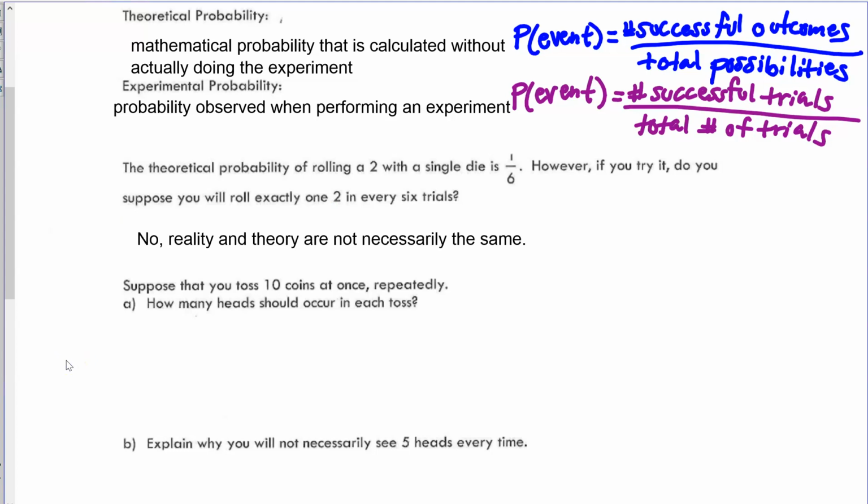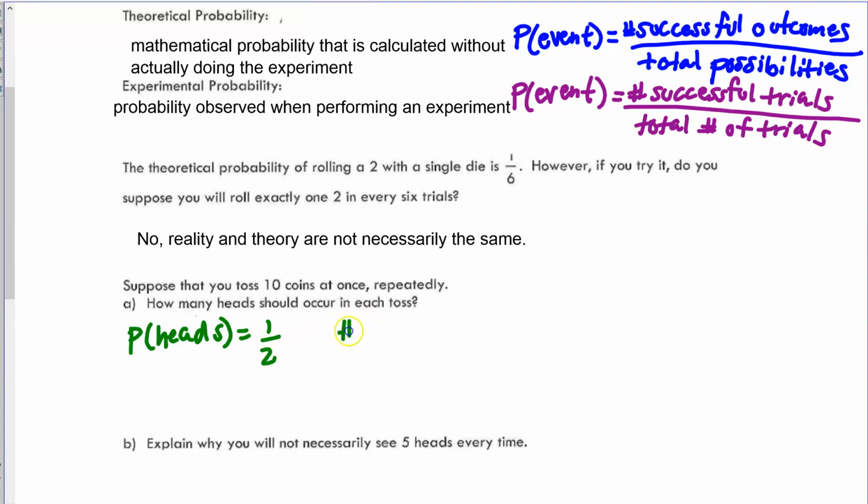Okay? Let's suppose that we're tossing 10 coins at once. How many heads should occur in each toss? The probability of heads when you're flipping a coin is 1 over 2, right? There's 1 head and there's 2 total possibilities.